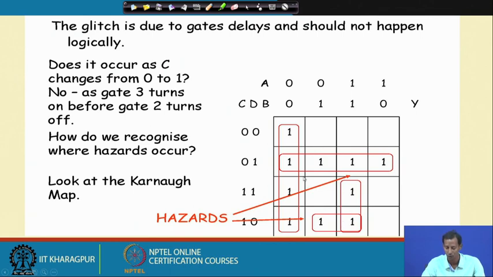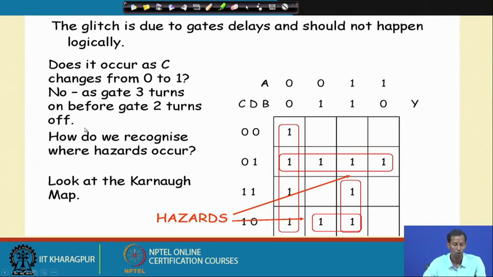At that time you can find the expression based on this, right. So, here you see the glitch is due to the gate delays and should not happen logically. Does it occur as C changes from 0 to 1? No. It will occur only whenever C is changing from 1 to 0. For a 0 to 1 change, there will not be any glitch.